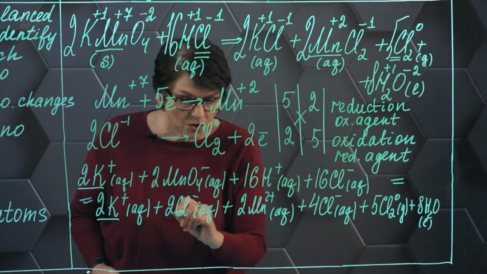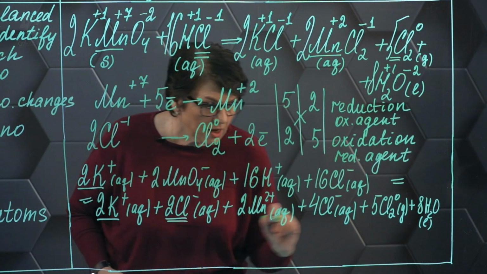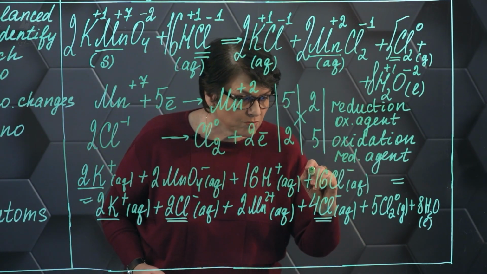Then we could reduce the potassium and the chlorine. Notice the chlorine here, but then we would be left with 10 chloride ions instead of 16.